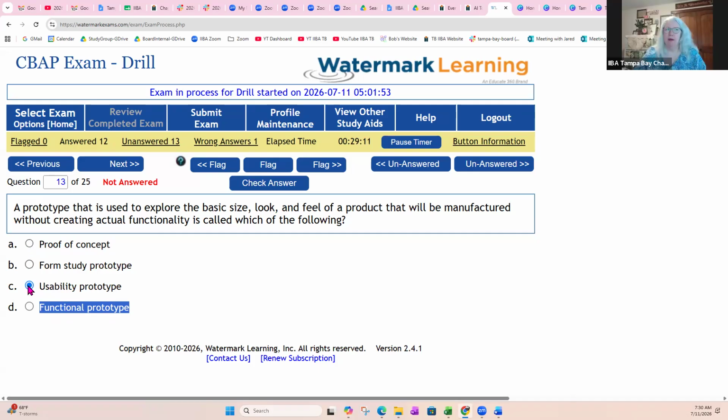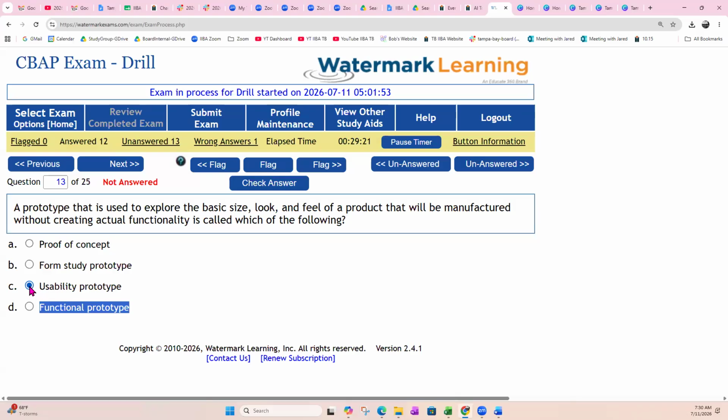Okay, I've got a vote for A and a vote for C. Y'all want to tell me why you like your answer better than the other answer? I want to go with form study, not usability. It's non-functional and it's got the rest of the features: basic look, feel, and size.